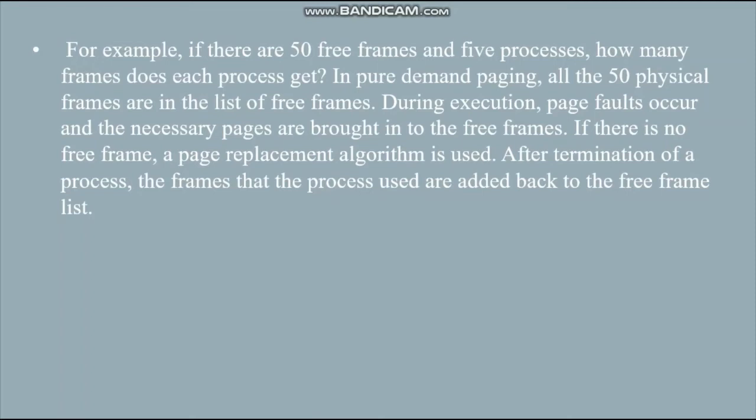In pure demand paging, all the 50 physical frames are in the list of free frames. During execution, page faults occur and necessary pages are brought into the free frames. If there is no free frame, a page replacement algorithm is used. After termination of a process, the frames that the process used are added back to the free frame list.